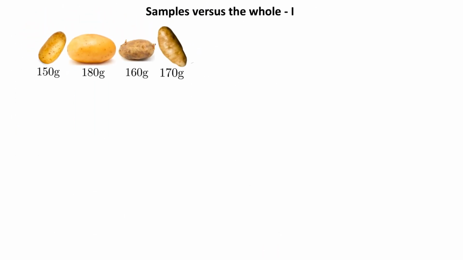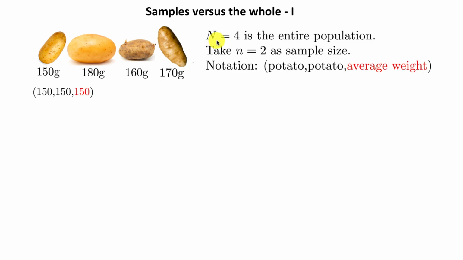To make the idea of a sampling distribution clearer, let me take a total population of just 4 potatoes. So, the total population capital N is the entire population, and I will take just 2 potatoes randomly. That will be my sample size. I'll use this notation, the weight of the first potato, of the second potato, and their average weight.